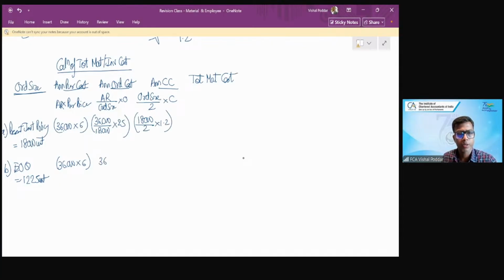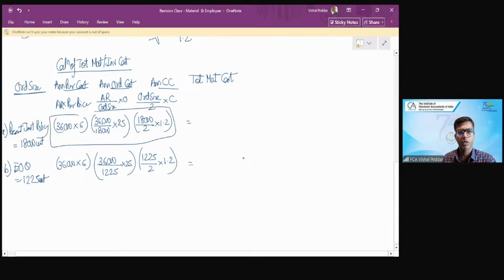Here 36,000 upon order size is 1225 into 25. Order size is 1225 upon 2 into 1.2. So this will be my total material cost under both the options.